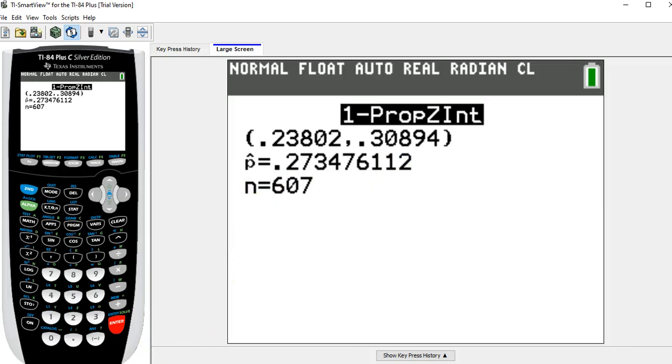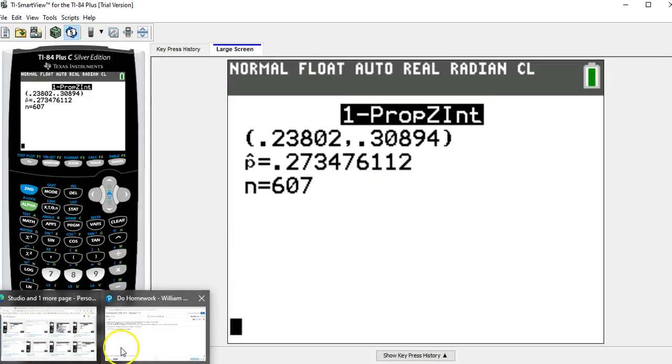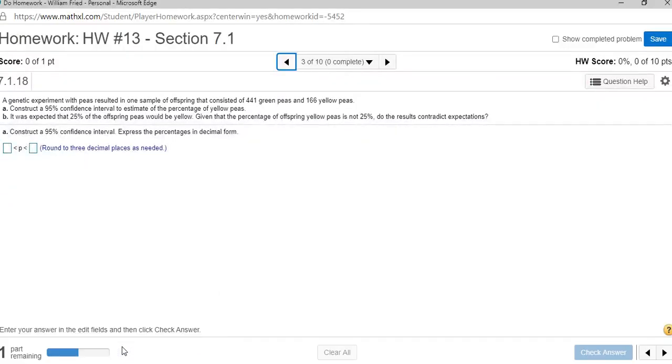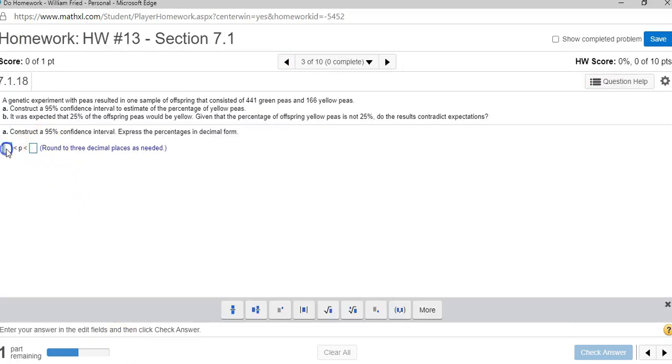So when I go back to the homework question, let's see, what did we get? So this is the lower bound. It says 3 decimal places. So to 3 decimal places, 0.238, and to 3 decimal places, 0.309 when I round that upper one off.